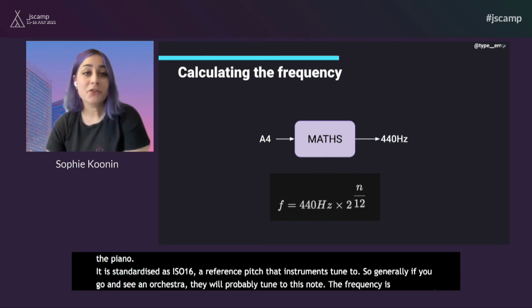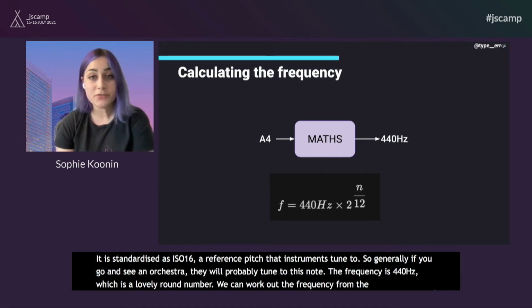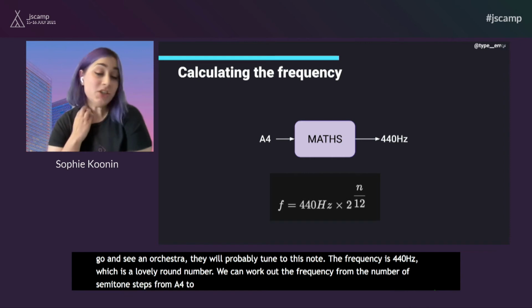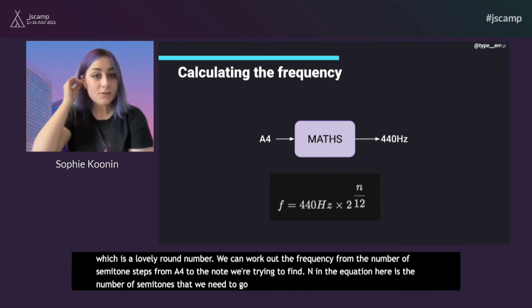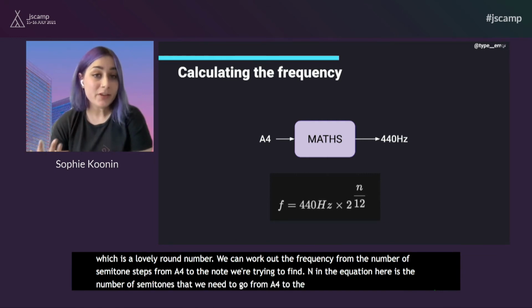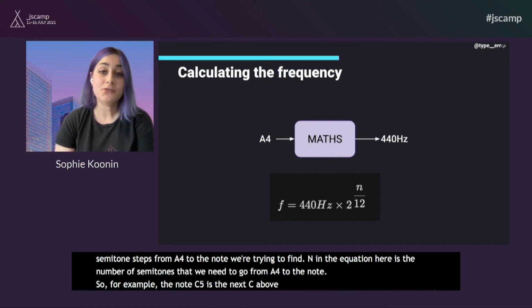And we can then work out the frequency from the number of semitone steps between A4 and the note we're trying to find. So N in the equation here is the number of semitones that we need to go from A4 to the note. For example, the note C5 is the next C above A4 on the piano, and that's a difference of 3 semitones.